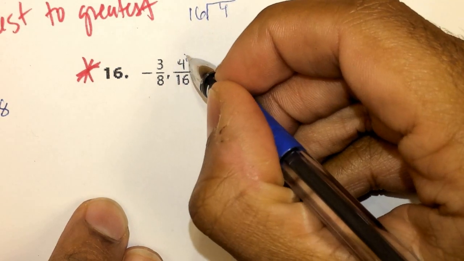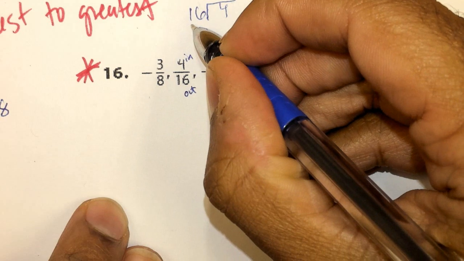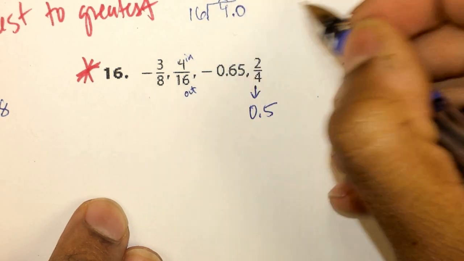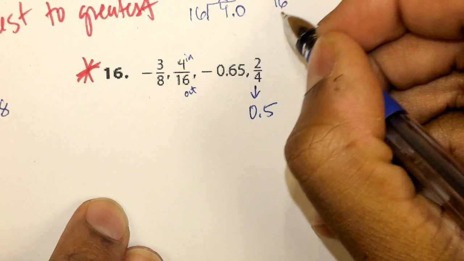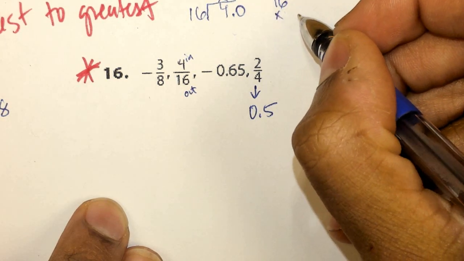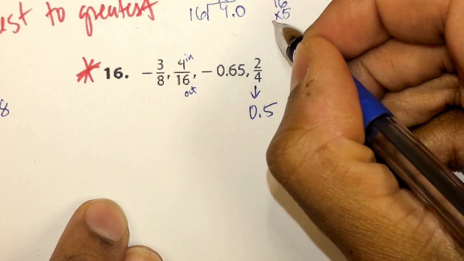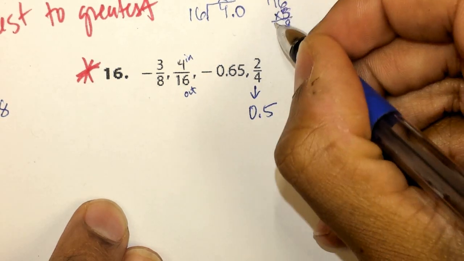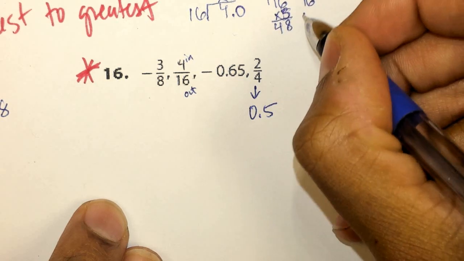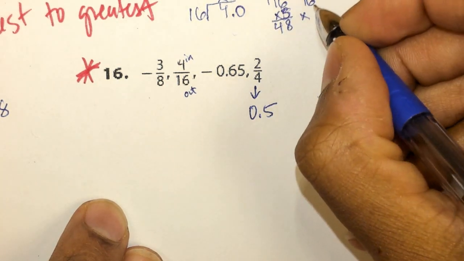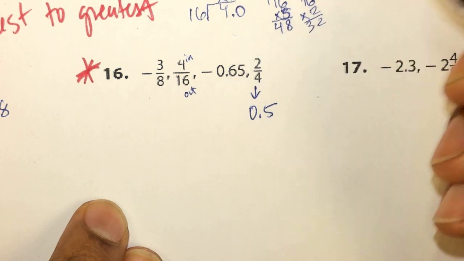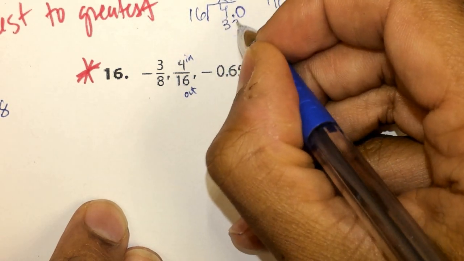Here's a refresher in case you forgot it. 16 cannot go into 4, but it could go into 40. The most number of times it could go into 40, if I try 5, that's too much. Let's try 3. 48, close. 16 times 2 is 32. Okay, that sounds okay for me.